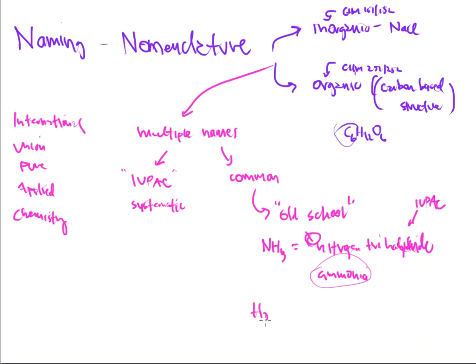The same kind of thing's going to happen with H2O. We're not going to call this dihydrogen monoxide because that would actually follow IUPAC rules. Instead, we call this stuff water. Water is a common name. That's what we've always used for that chemical because it is a chemical.